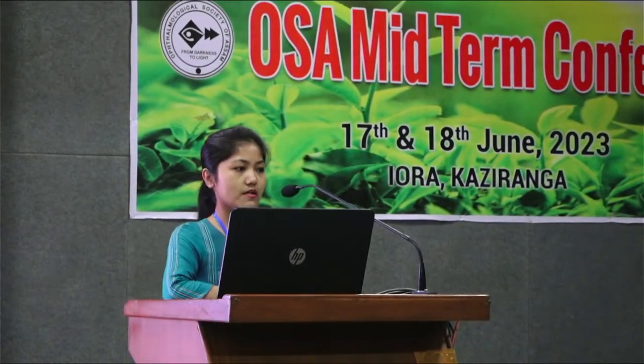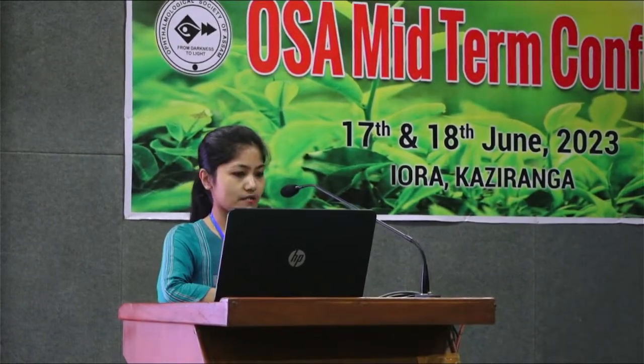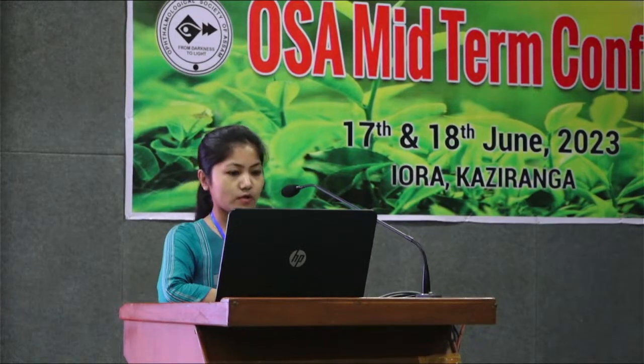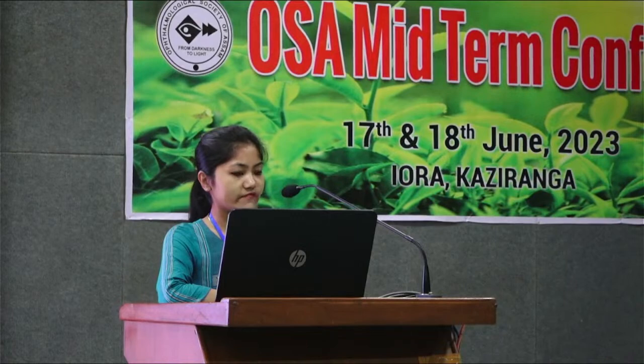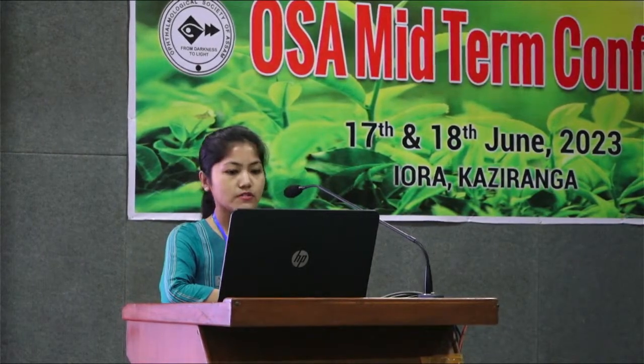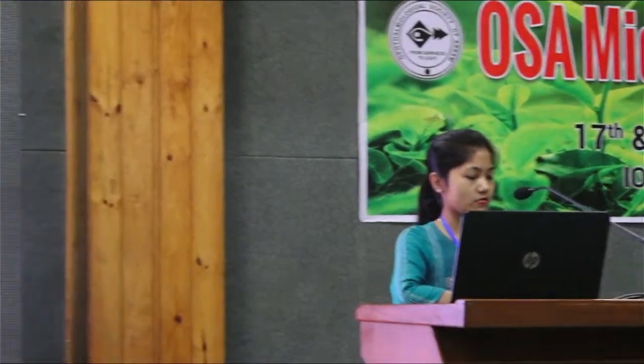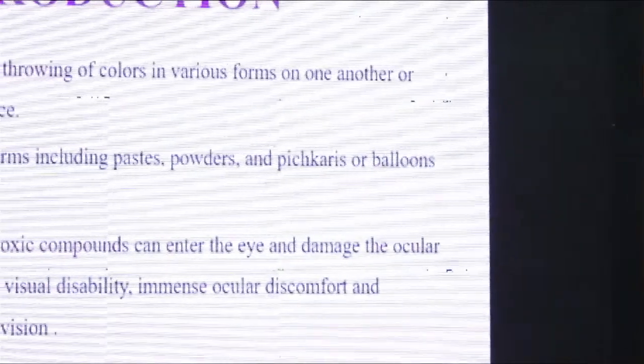Coming to the introduction, Holi celebration usually involves throwing colors on one another or directly applying them on one another's face. Holi colors come in different forms, including paste, powders, or watercolors filled in syringes like pichkaris or balloons.